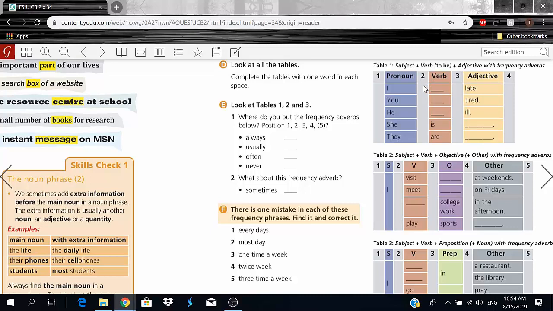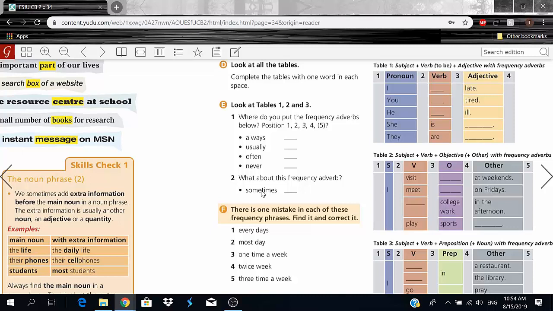Now, the word sometimes here. Wow, which position does sometimes go in? Now, this is actually a really interesting frequency adverb. It can go in positions 1, 3, 4, and 5 as well, with and only with verb to be.